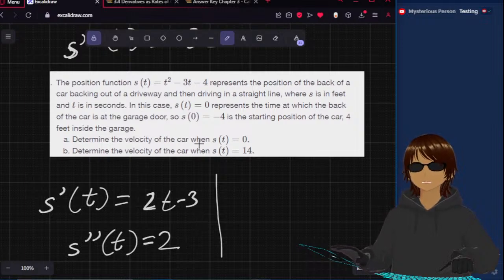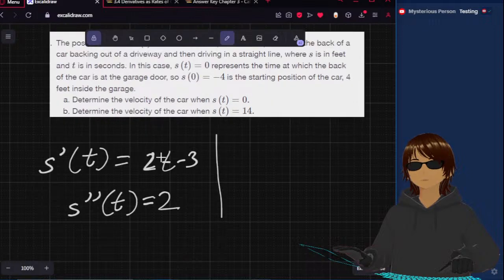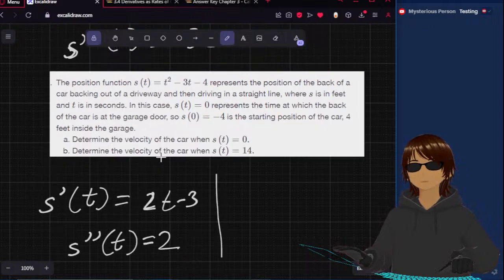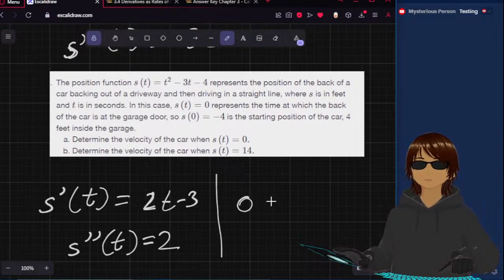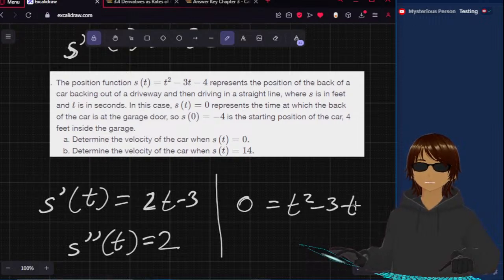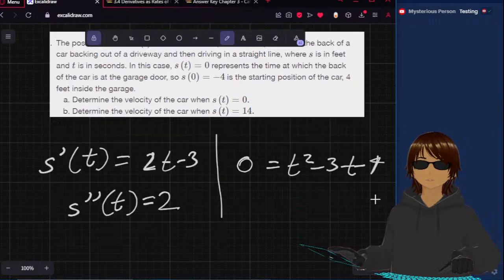Determine the velocity of the car when s of t is 0. Hold on. When s of t is 0, you have to figure out at what time this is.